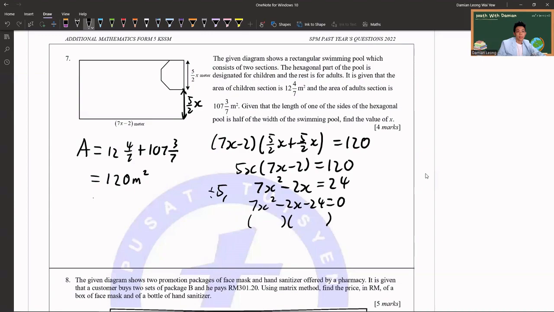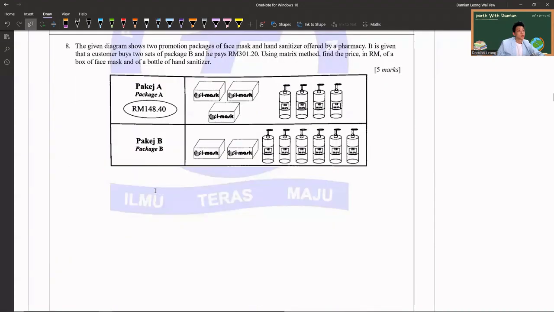If I factorize, 7x, x, to 12, minus, plus. So this one will give us x is negative 12/7, which is not possible. There's no way it can be a negative value. So it means x must be equal to 2. Okay.